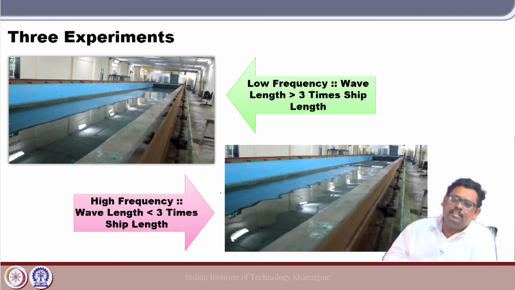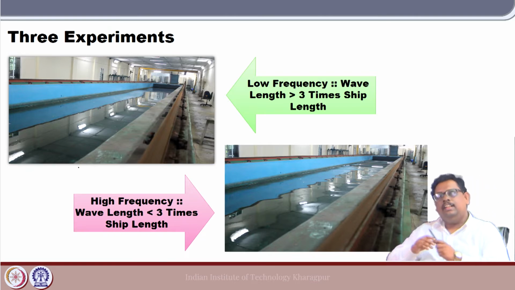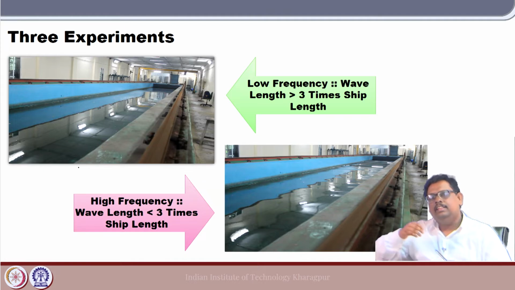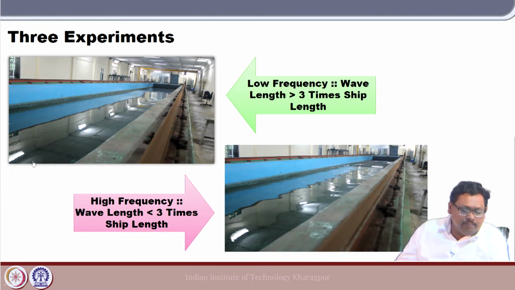The second is the higher frequency, where the wavelength is 3 times smaller than the ship length. Let us see what happens when lambda is very big. Let us play this.